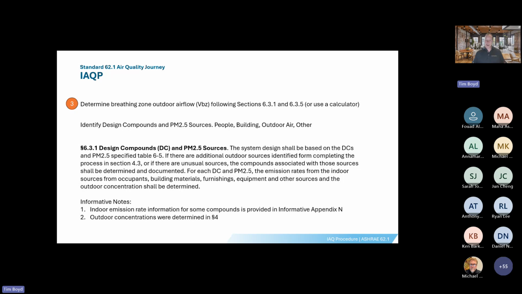What does that mean? That means all sources that create a VOC, a gas in the air, or particulates have to be accounted for, and that way you can design a system that can manage those. Pretty simple in that regard, but getting that information was historically difficult.